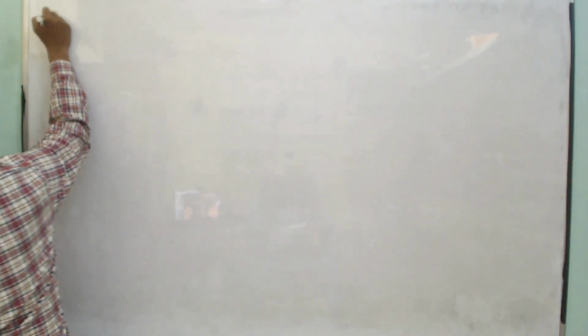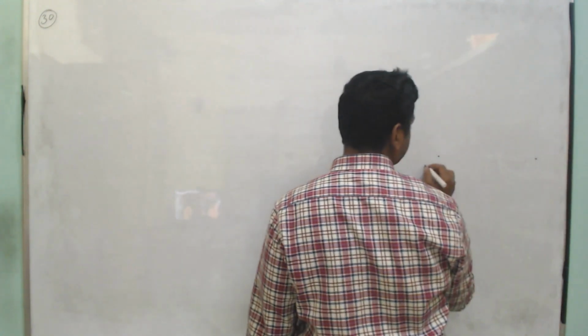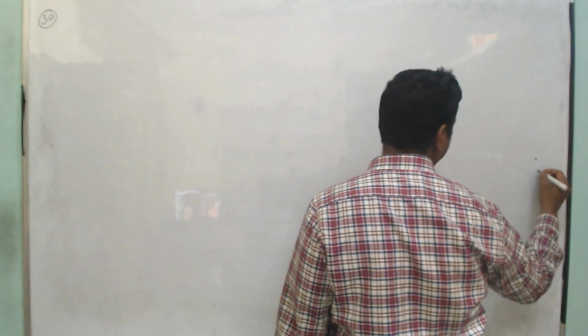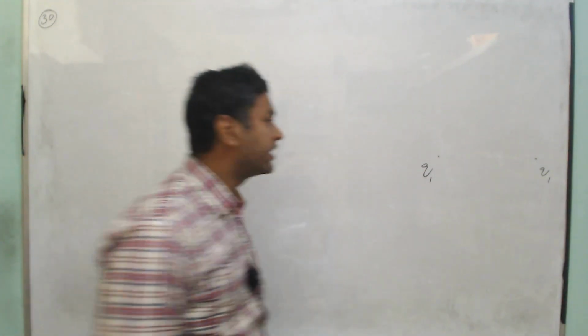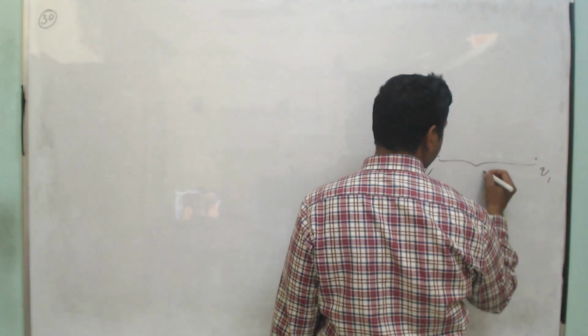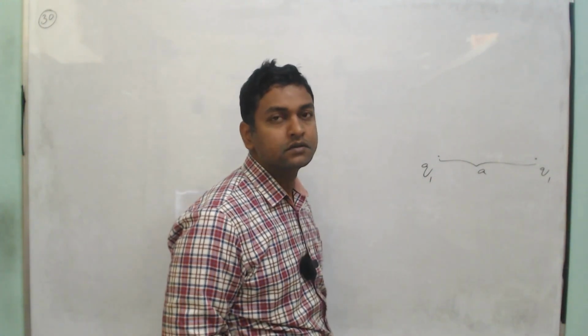So let us jump into question number 30, right? Fine. So the simpler version is simply take two identical charges, charge Q1 and charge Q1 on both sides at a distance of A from each other.